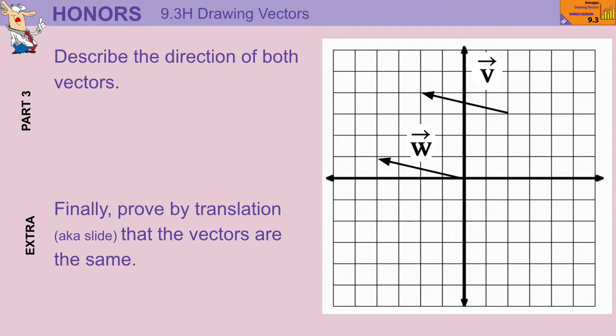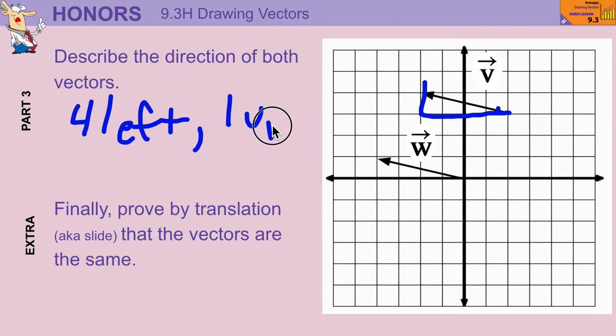The third part is describing the direction of both vectors. As we look at either vector, you may recall that the change was 4 left, and 1 up.